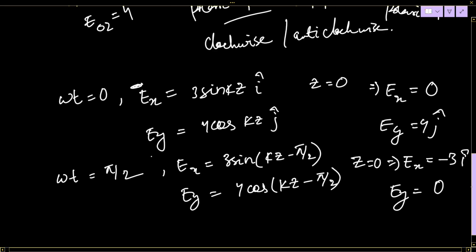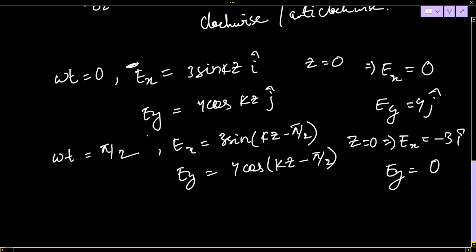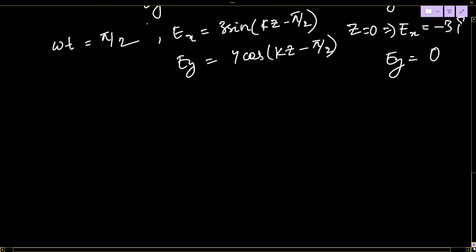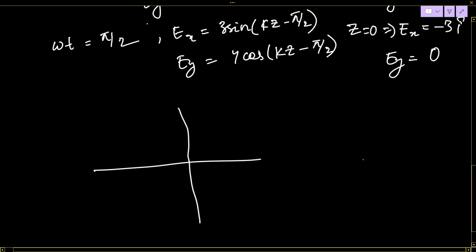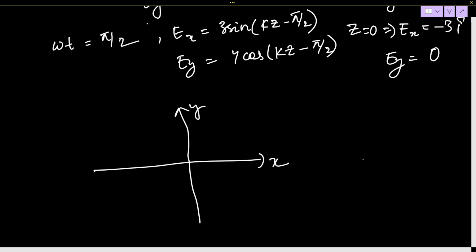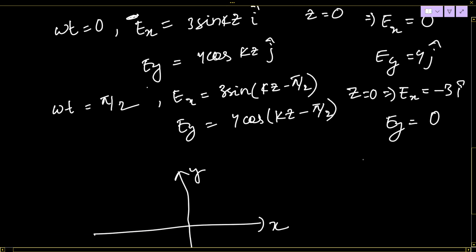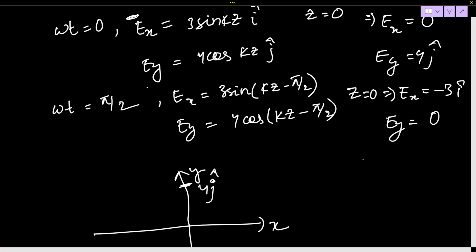So, if I draw the diagram, at omega t equal to 0, Ey is 4 y cap, and at omega t equal to pi by 2, Ex is at minus 3 x cap.